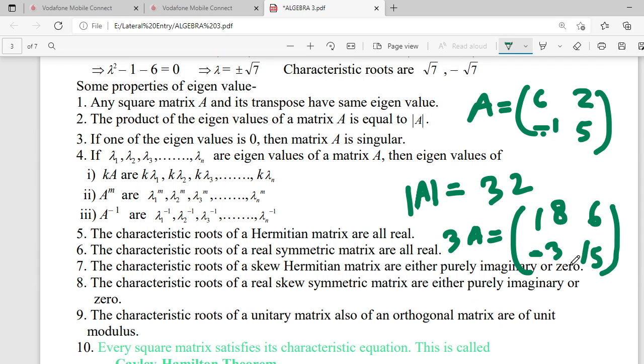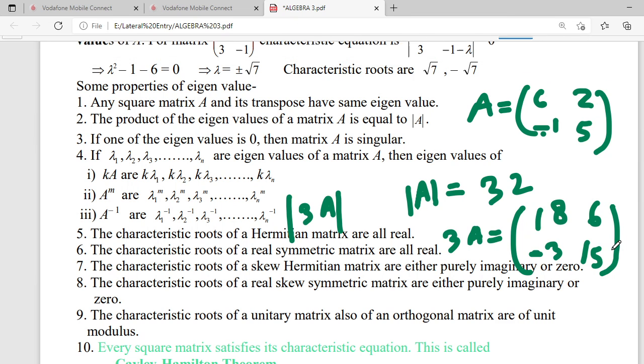And what is the determinant of 3A? How many 3's are we multiplying? So it is 18 into 15, so 3 square into 6 into 5, minus, again 3 square into 2 into minus 1.